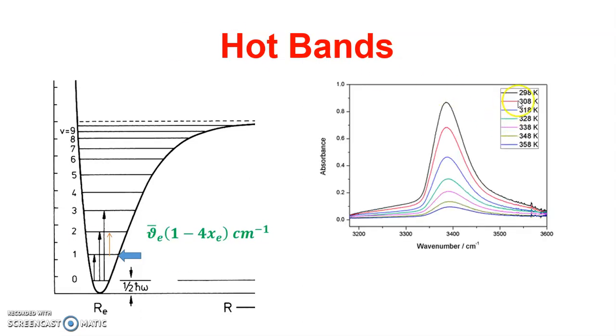And if we record the spectrum at different temperatures, we will get new lines close to the fundamental absorption line, but with very low intensity.